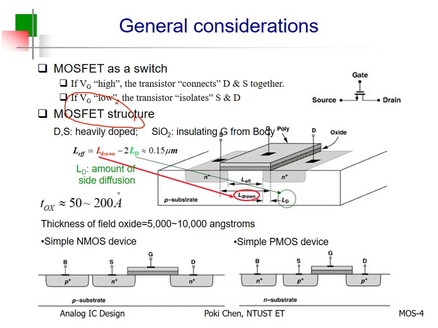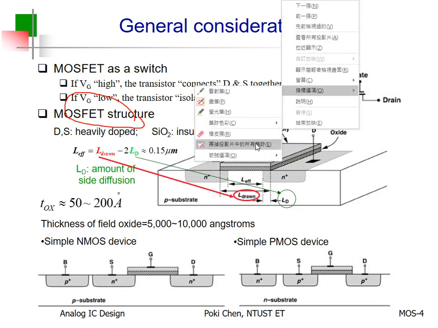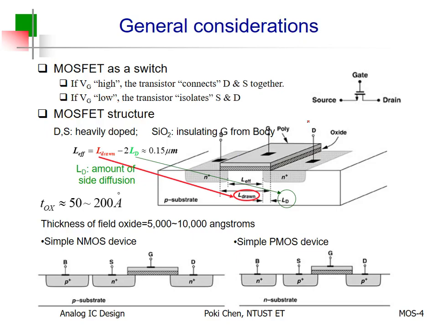No, that is your own responsibility because their behaviors are similar to each other. Only if you get a good understanding of NMOS, I promise you, you can think about PMOS by yourself. All right. So that is the structure, a very important structure for NMOS.